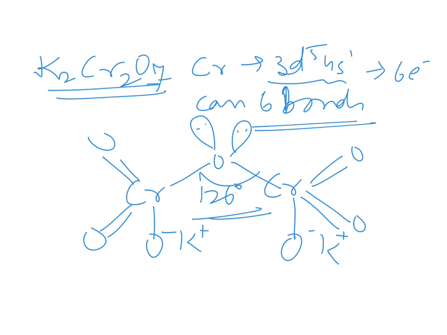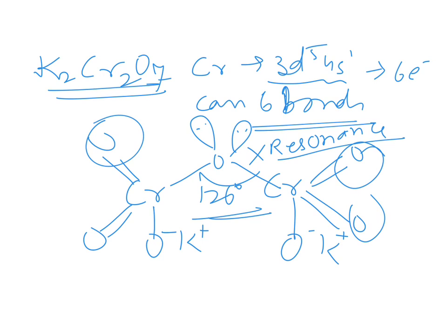This bridging oxygen will not take part in resonance, but all the others will undergo resonance, and you can get 6 resonance structures. We are not going into detail, it is not in the syllabus, I am just saying that it can have 6 resonating structures. Okay.